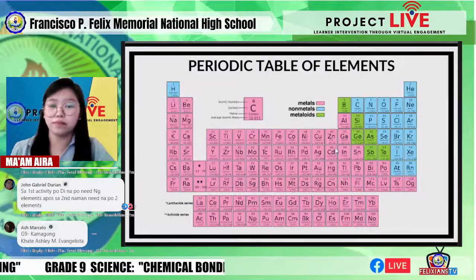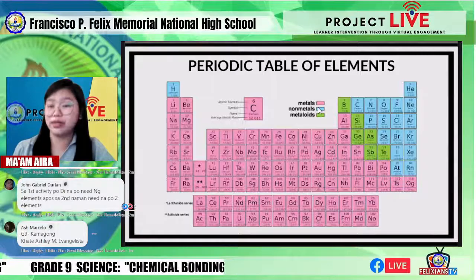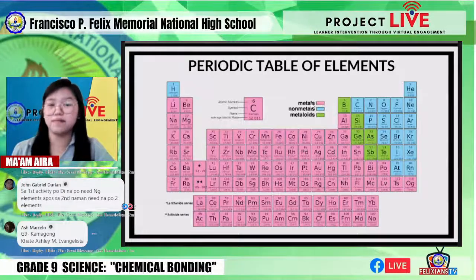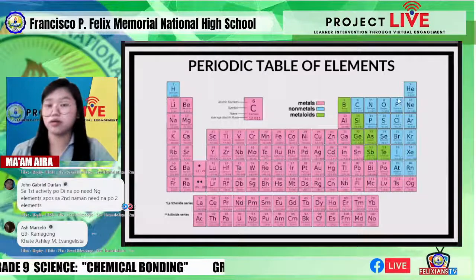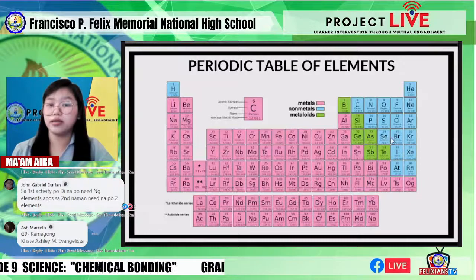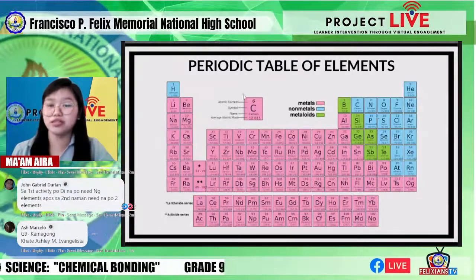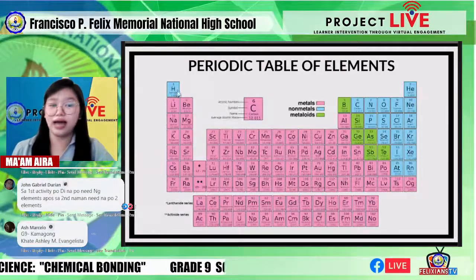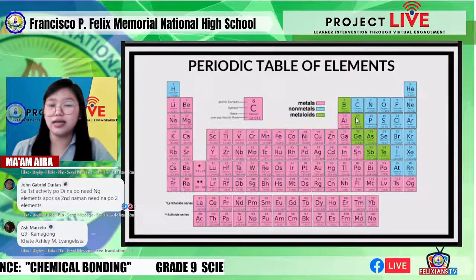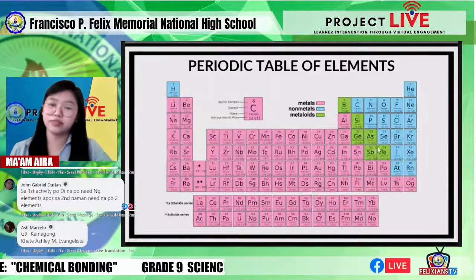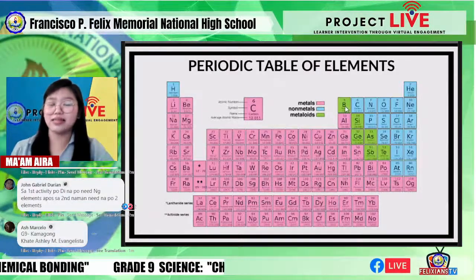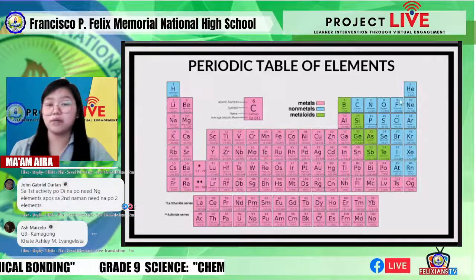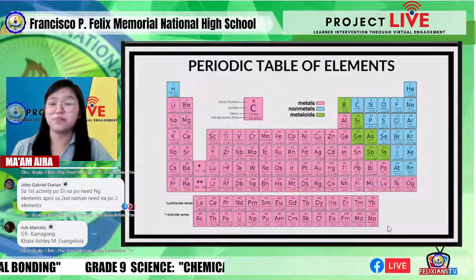Most of them are pink, and they are said to be metals. Then we have on the rightmost part, color blue. These are known to be nonmetals together with hydrogen. And this ladder-like structure here is the metalloids that separates the metals and the non-metals.